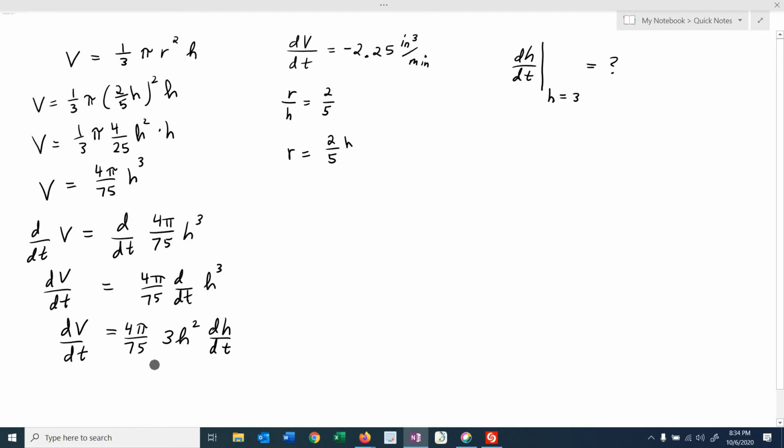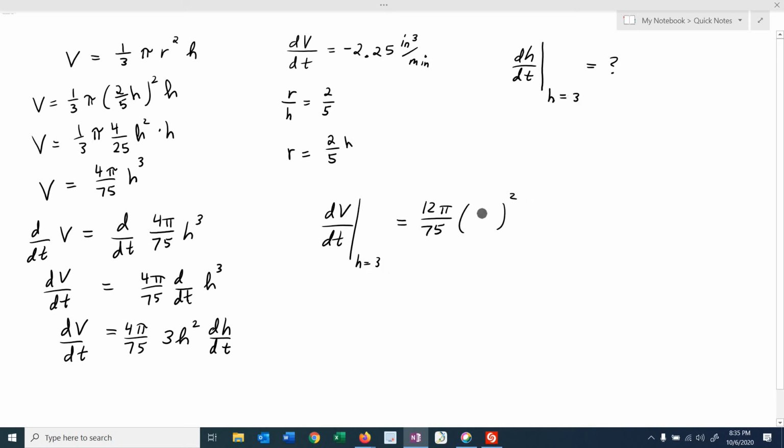Okay, so now let's solve for dh/dt right when h is equal to 3. I'm going to go ahead and multiply this 3 by the 4, so we get 12 pi all over 75. And then h squared.